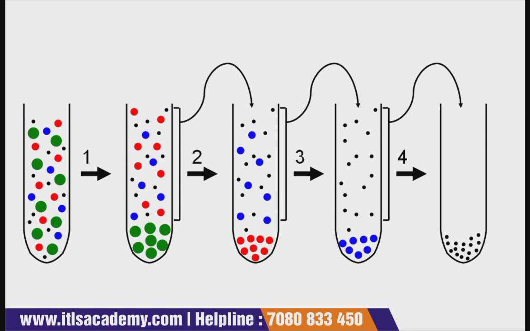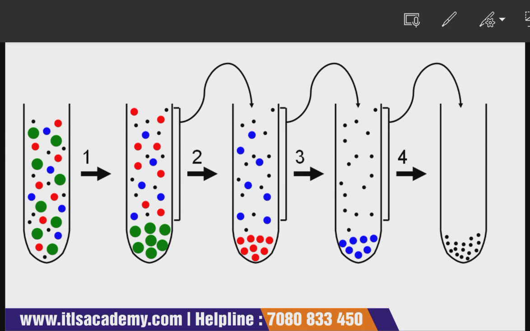If you see this image, like image 1, they have different varieties of particles. Some are very small, some are medium size, some are larger in size. So the green ones are very large, so they settle at the bottom first because of their larger size, followed by the red ones.